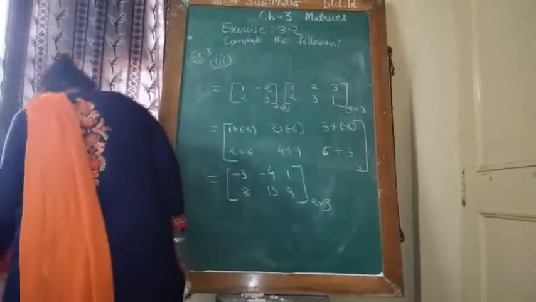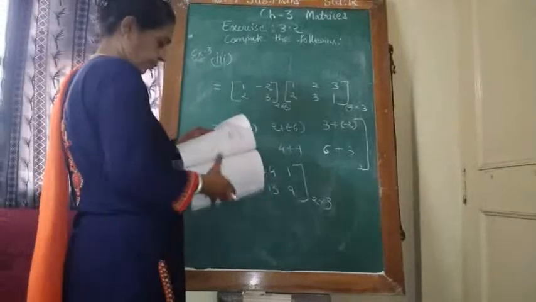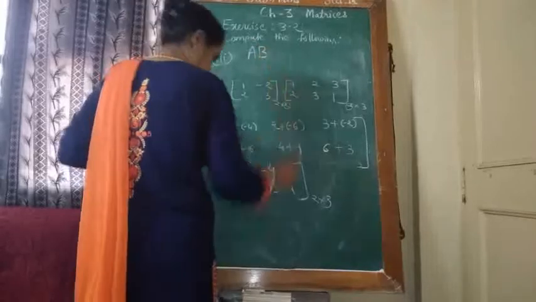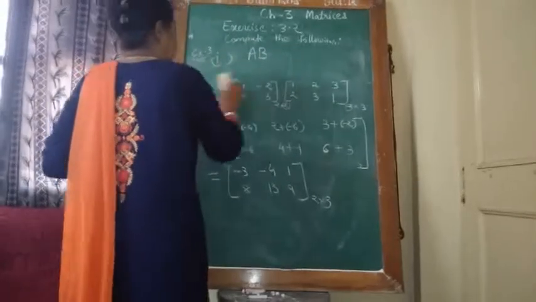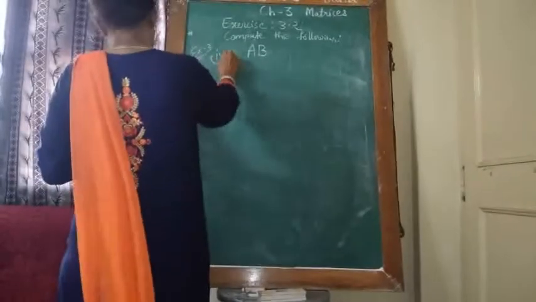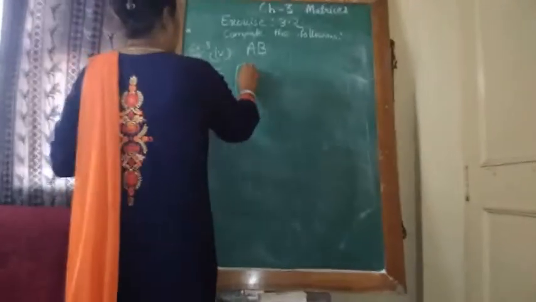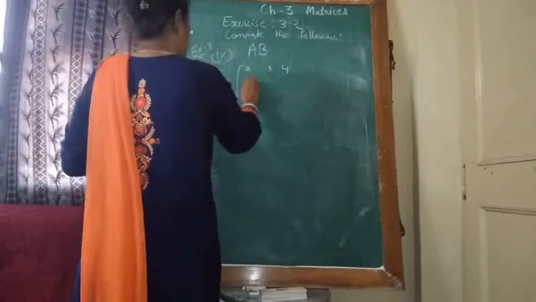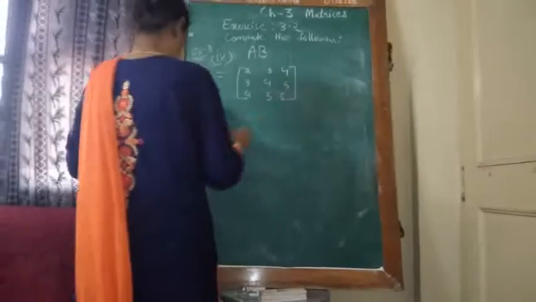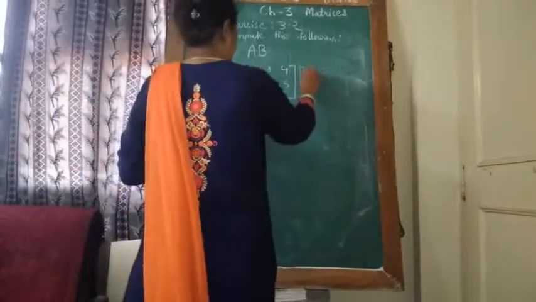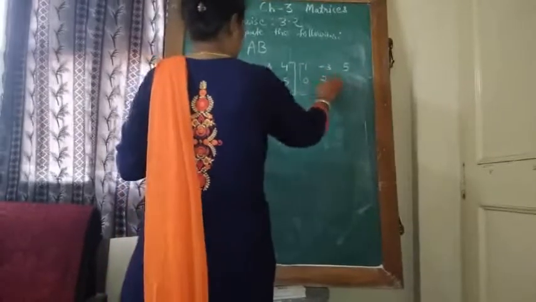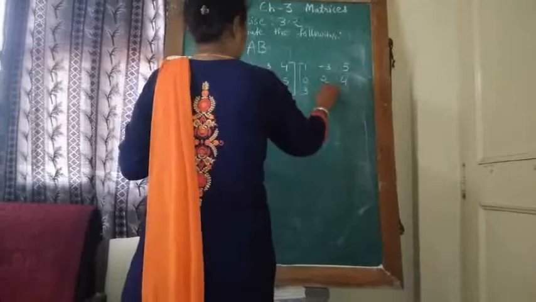Fourth. The matrix is 1, minus 3, 5, 0, 2, 4, 3, 0, 5.